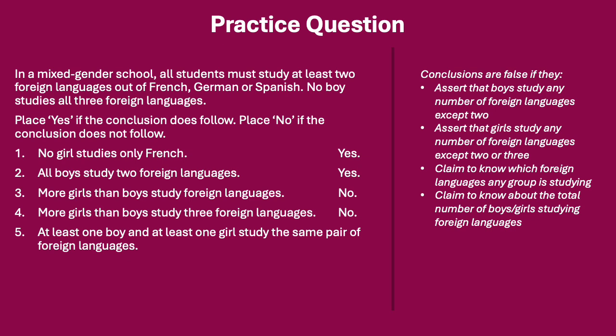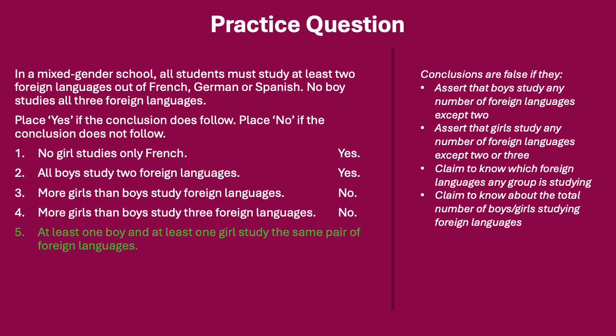So in short, conclusion 4 does not follow. Remember, it could actually be true in real life, but we can't say that it follows directly from the information we've been given, as we're not explicitly told that any girls study 3 foreign languages.